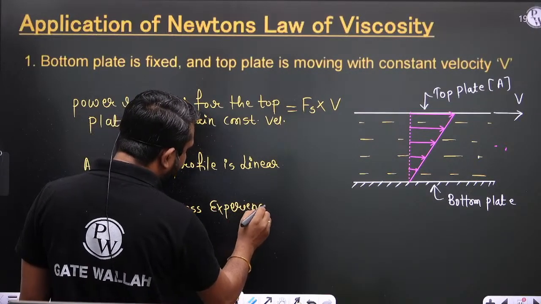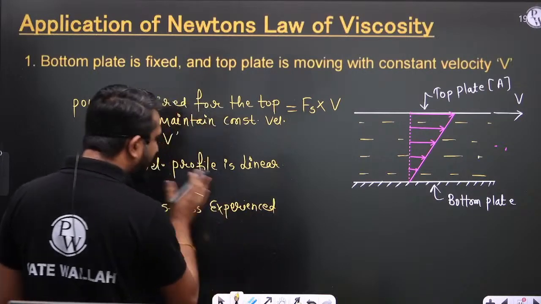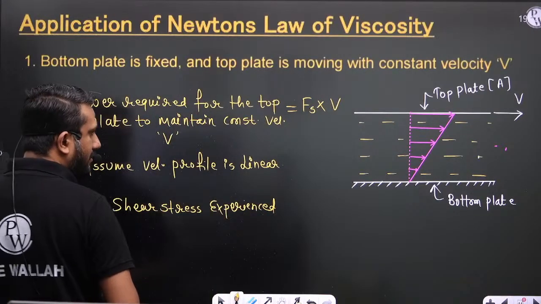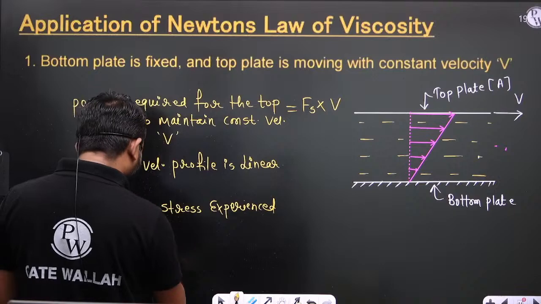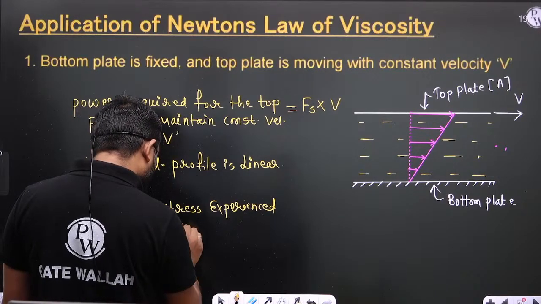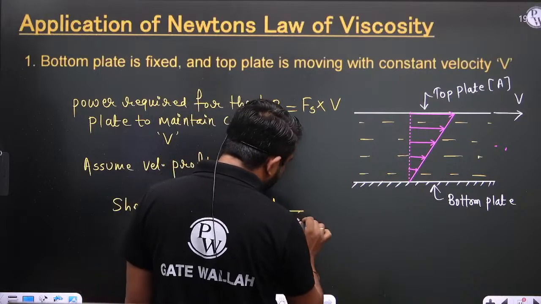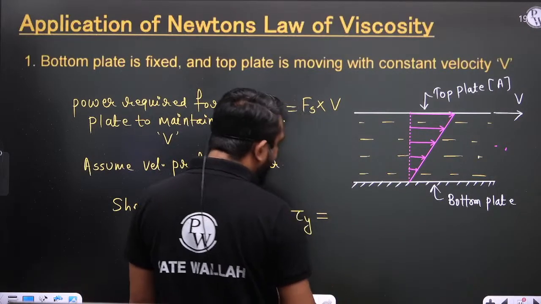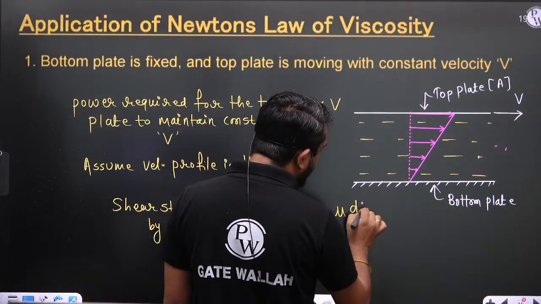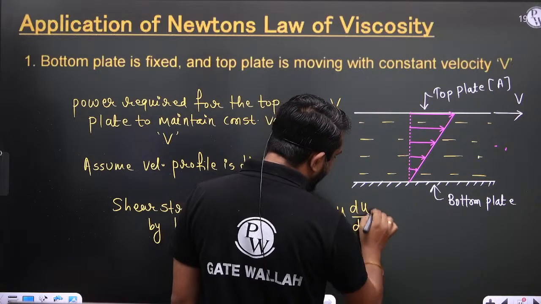We already discussed this part in detail in the previous session. So we can say from Newton's law of viscosity that tau at any y is equal to mu du by dy at that y.